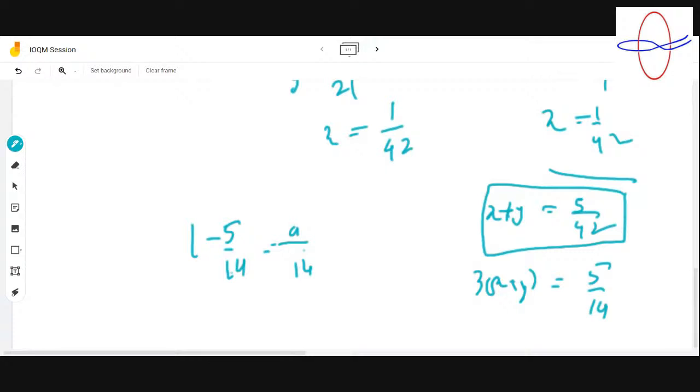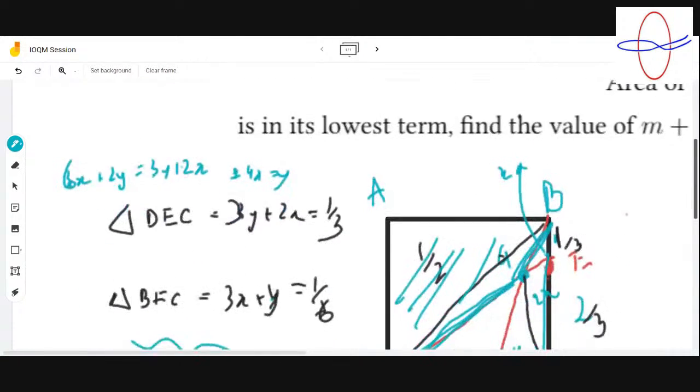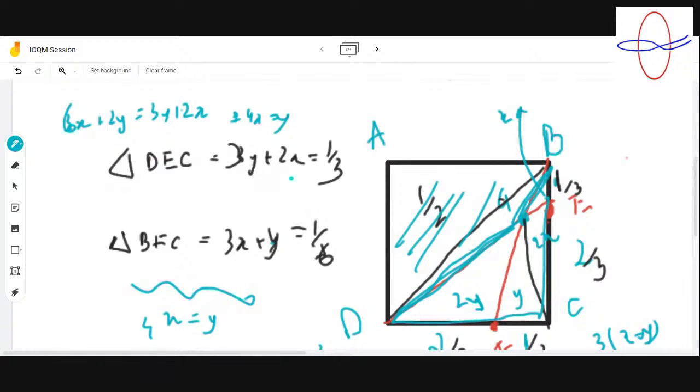Okay, we just solved these two equations, right? We got two linear equations in x and y. You can solve it, right, guys? Anand?